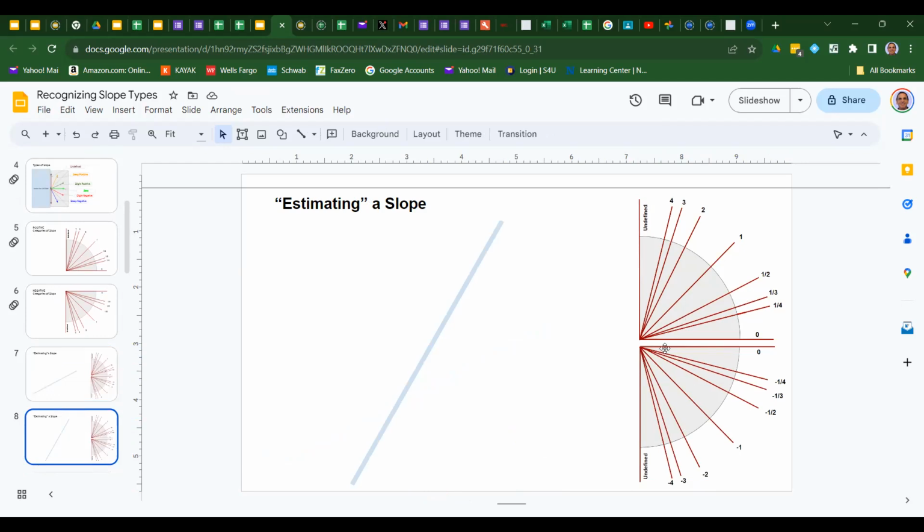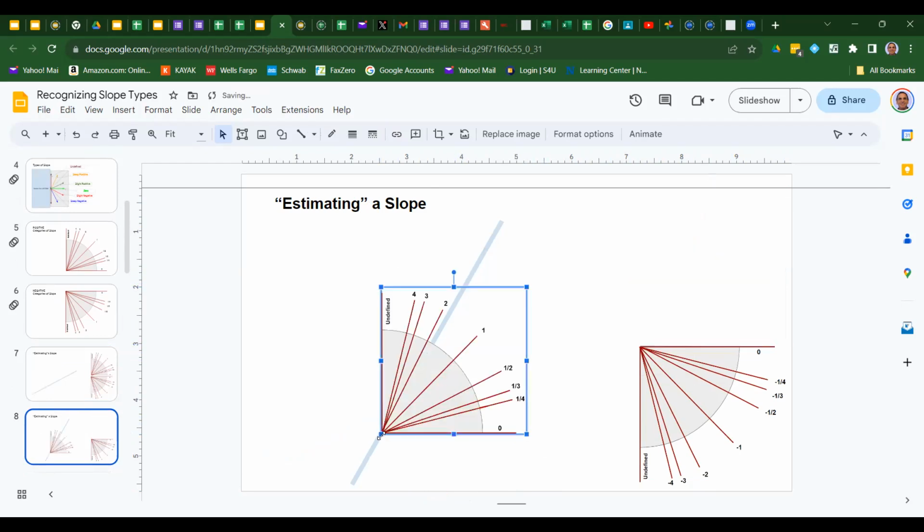Estimating a slope. Once again, it looks like we should grab this positive slope, and I put this bottom left-hand corner, I'm talking about this corner right here, right on the line, and I can see that this appears to be a slope that's between 1 and 2, but closer to 2, pretty close to 2.